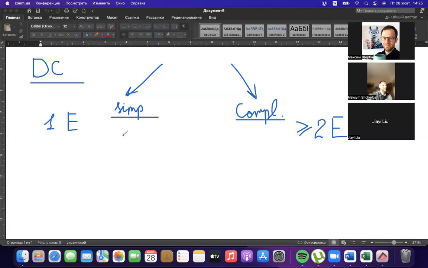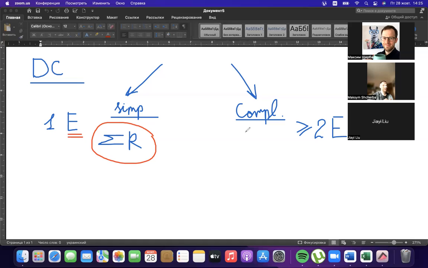Then, if it's simple, generally we have one approach for calculation: find the total resistance of the whole system, just calculate it. And if we know the total resistance, we could find the current starting from the electromotive force of the source. And the main question is how to calculate the total resistance.